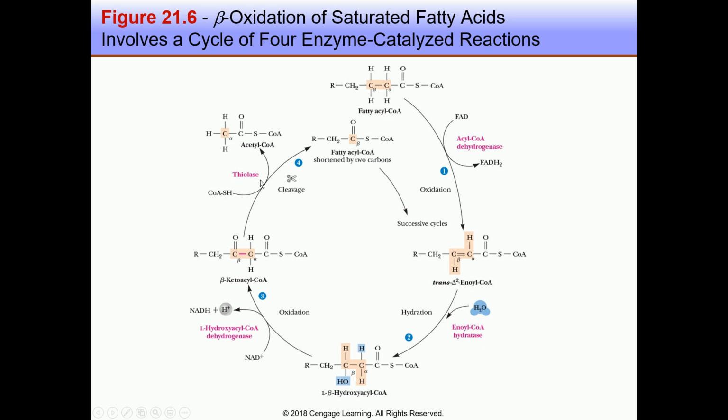And then the fourth step, which is a kind of cleavage step, involves the enzyme called thiolase. In this, cleavage takes place here, and there's also addition of one coenzyme A. Cleavage means the bond is broken here, so this part gets separated, this part gets separated.